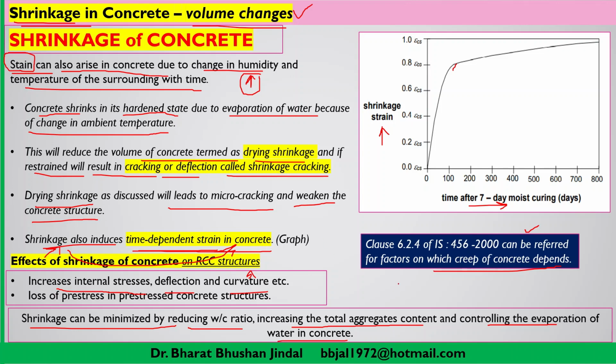Later on you will be able to understand how evaporation of water can be controlled. That's why we are using curing of concrete. If curing is done effectively, then you can control or reduce the shrinkage effect on the concrete.